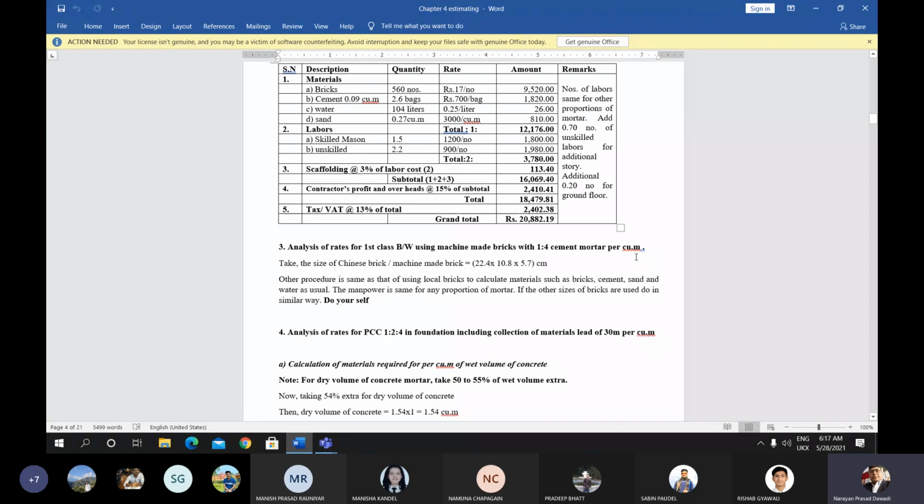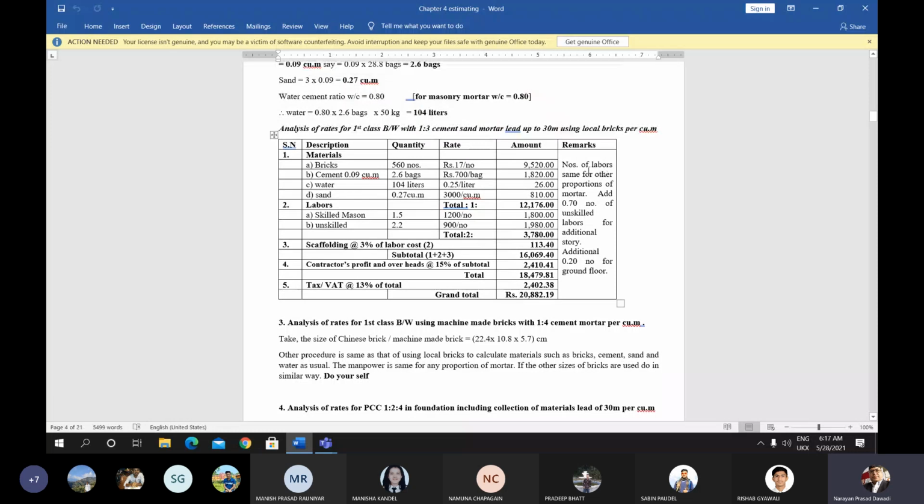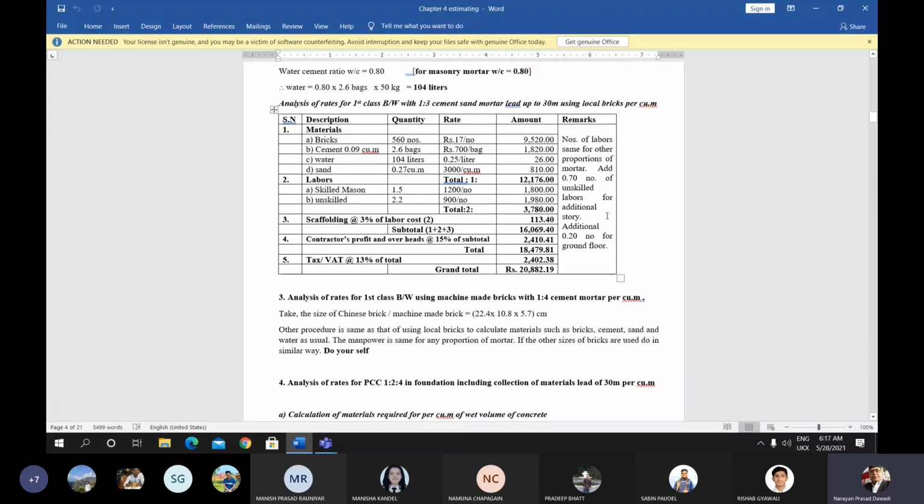Conclusion is this. For the second story, the erection of the scaffolding is 0.70 number, which is more in comparison to the ground floor. Because this labor is also used for carrying the materials from the ground level to the upper floor.